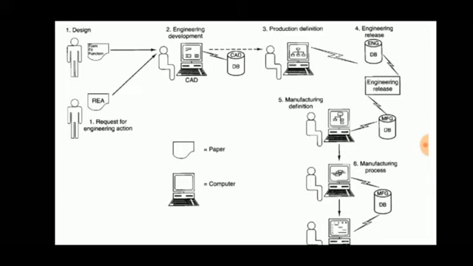Then the production department assesses the design and performs the steps, and what are all the steps needed to process or produce this product is listed in this production definition department. Then engineering release.